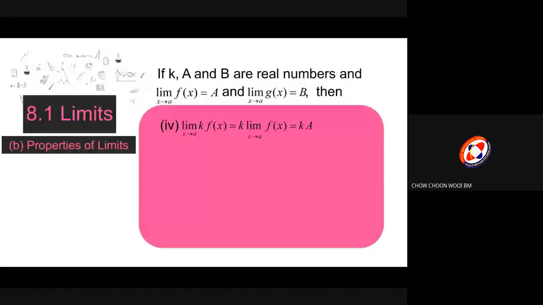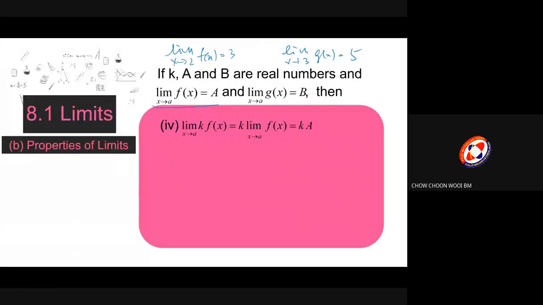Okay, saya bagi contoh teruslah. Katakan di sini, limit x tends to 2 f(x) adalah equal to 3, and limit x tends to 3 g(x) adalah 5.